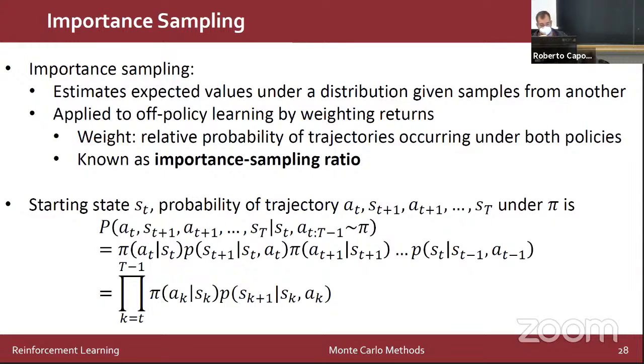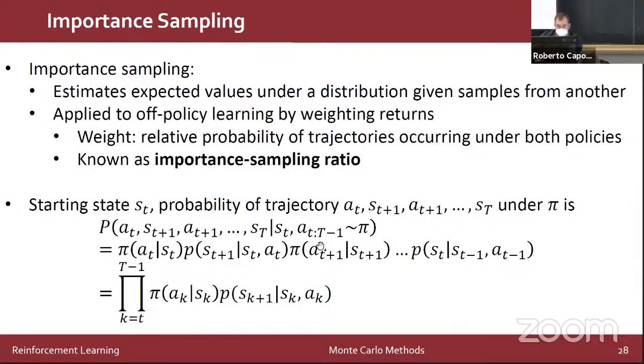The probability of a trajectory will be the product of the transition probabilities. And so the product of being in a certain state after sampling a certain state and action, so the probability of transitioning in a new state, multiplied by the probability of selecting that action.